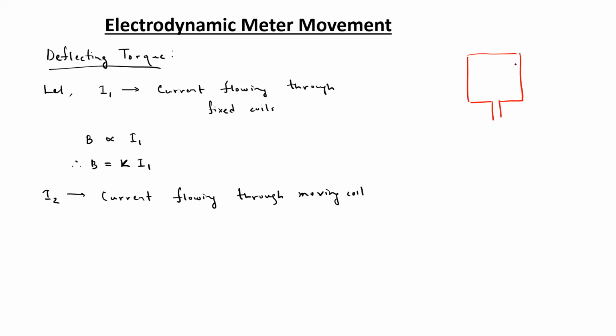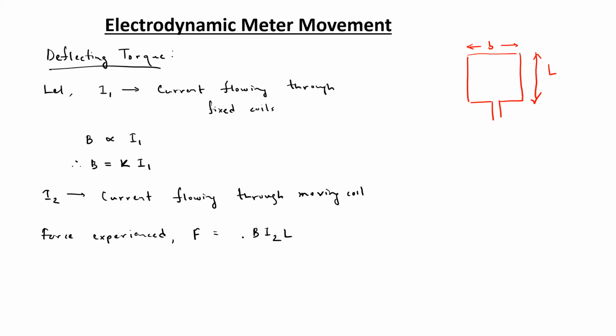So if we consider a single turn coil having the length L and breadth of B, then the force experienced for a single turn would be F equals B I2 into L, as we have considered that I2 is the current flowing through the moving coil.